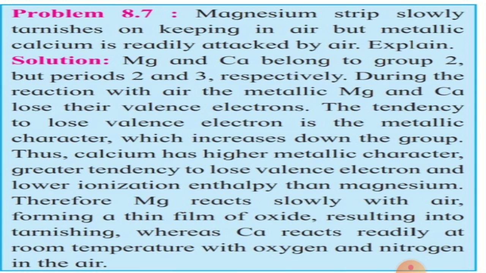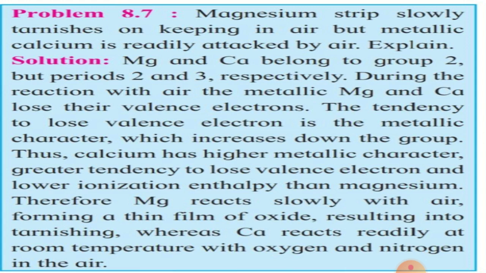So here students, the solution is that magnesium and calcium both belong to the same group, but magnesium belongs to the second period while calcium belongs to the third period. Both are metallic in character as both of them lose their valence electrons. But as we move down the group, metallic character increases as the tendency to lose valence electrons increases.